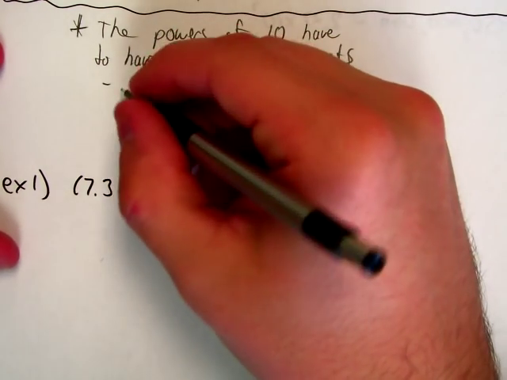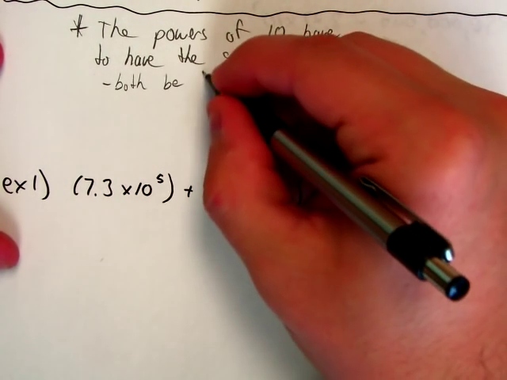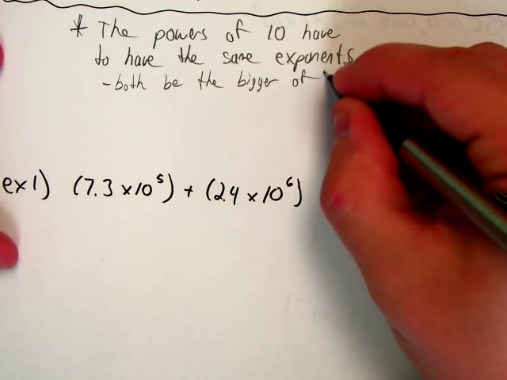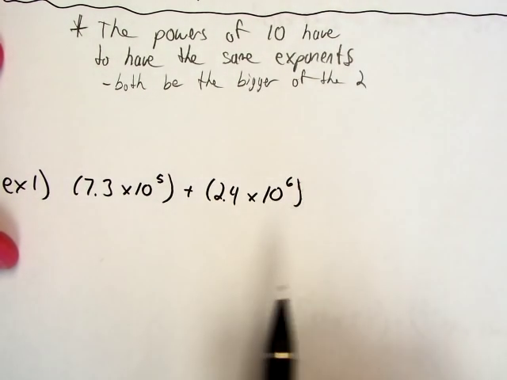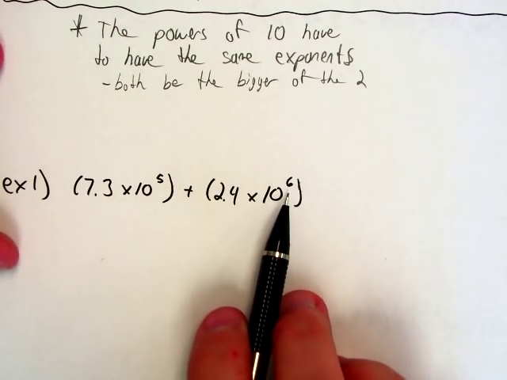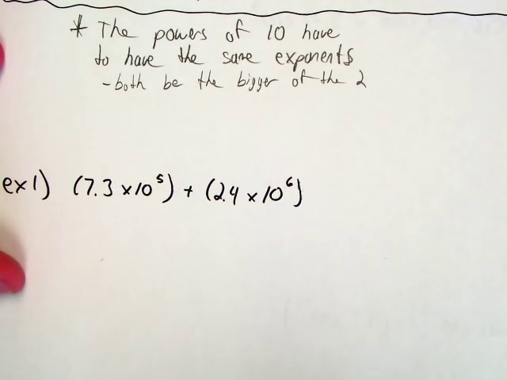And we want to have both be the bigger of the two. So if you look here, we have a 5 and a 6. We want them both to be the bigger of the two, which would be 6.